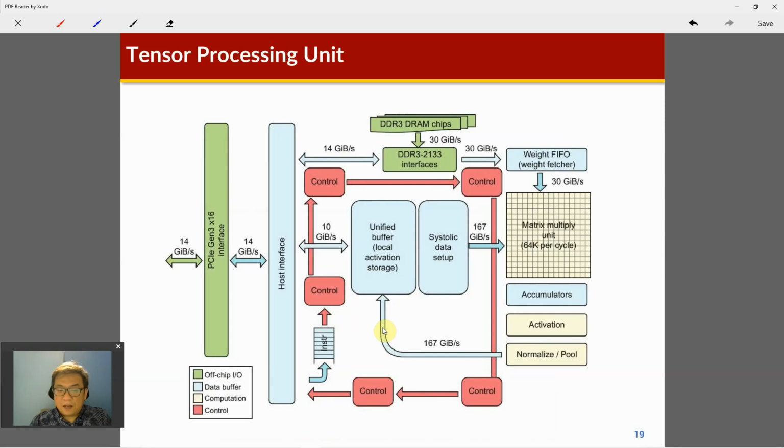This slide shows the architecture of the TPU. As you can see, the TPU is connected to the host system via PCI bus. There is the PCI interface here, and this is the off-chip I/O, input and output interface.